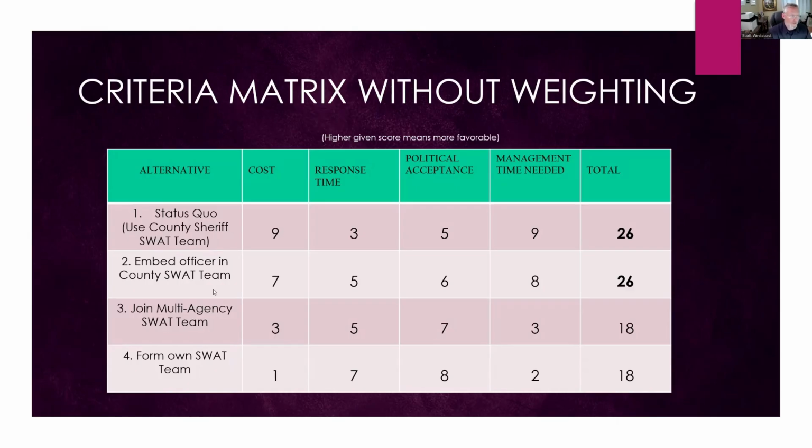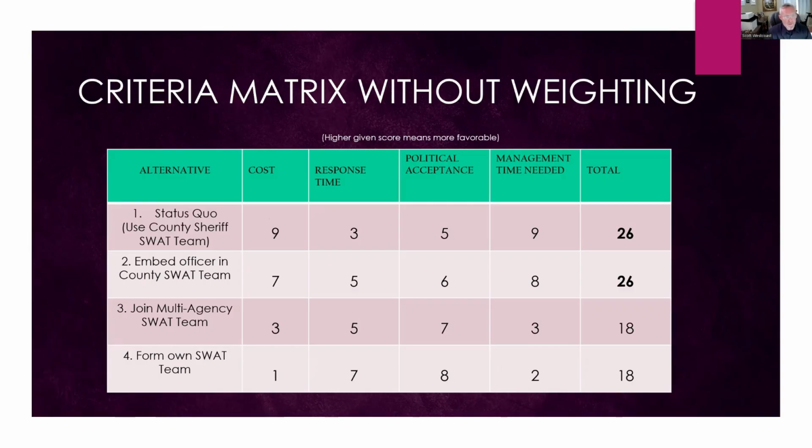Status quo, using the county sheriff's SWAT team as they're currently doing, embed officer with the SWAT team, join a multi-agency SWAT team, or form your own SWAT team. And then along the top, you can see the criteria that are important to reaching your decision. For this example, it was cost, the response time to respond to critical incidents, political acceptance, management time needed.